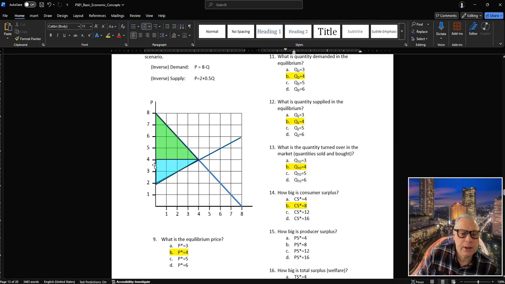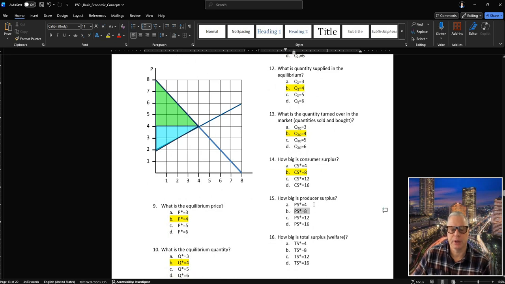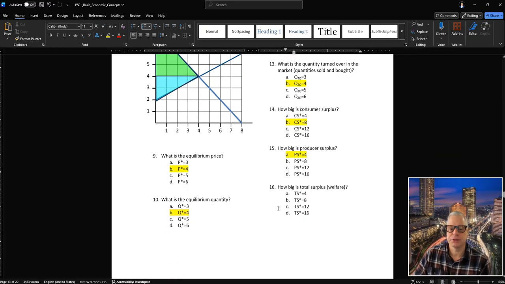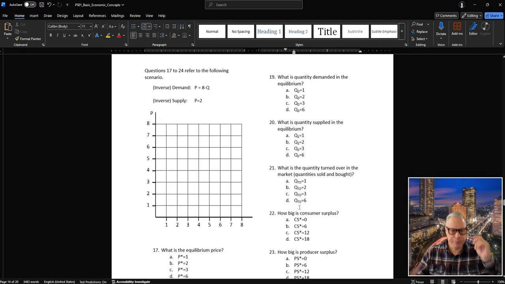So this area is base times height. Height is 2, base is 4. 2 times 4 is 8. So producer surplus is 8 over 2, which is 4. So total surplus is 12. 8 plus 4.